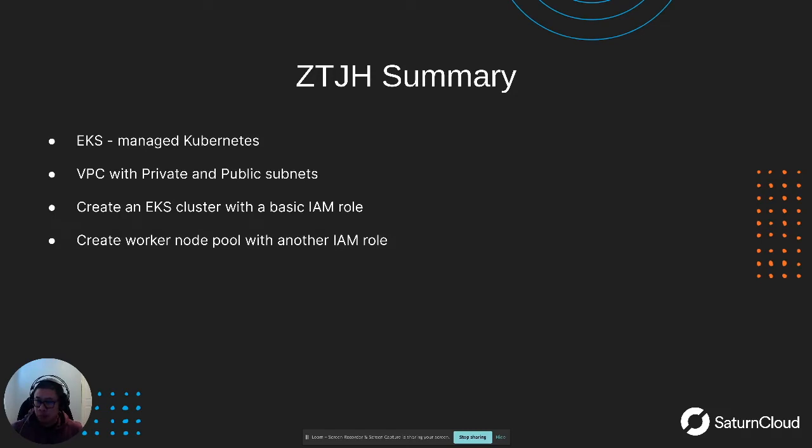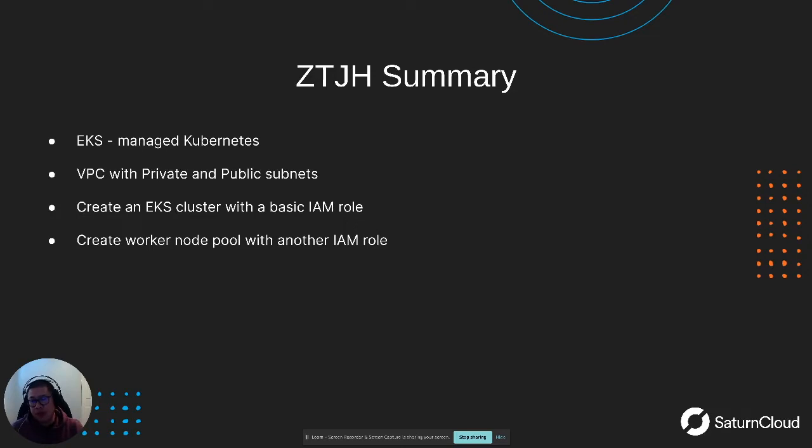Here's a brief summary of what Zero to JupyterHub looks like, or at least our flavor of it. Our article goes through how to set up an EKS cluster, which is a Kubernetes cluster managed by AWS, running in AWS. This runs in a VPC in your account.